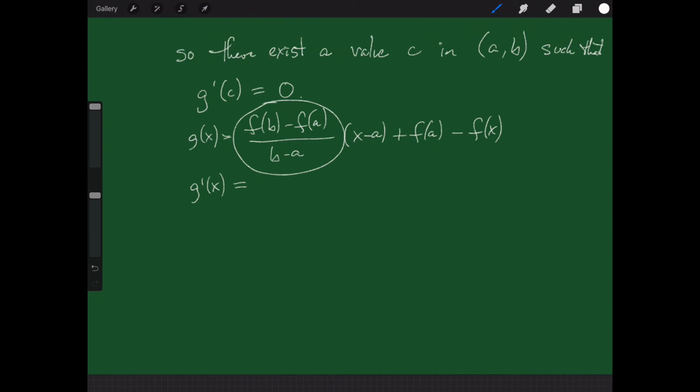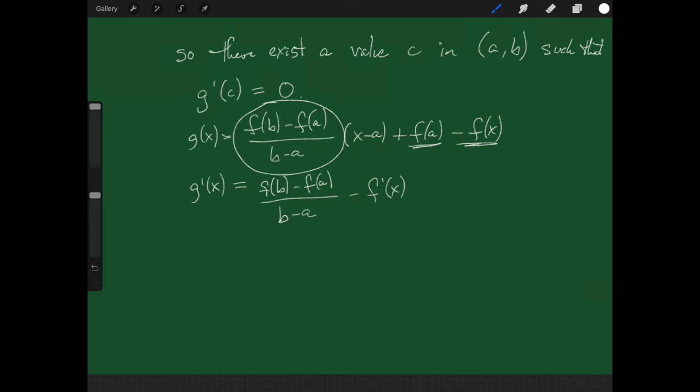So I've got this constant times x, and the derivative of a constant times x is just the constant. So I get f of b minus f of a over b minus a. F of a is just a constant, so its derivative is 0. And the derivative of negative f of x is negative f prime of x.